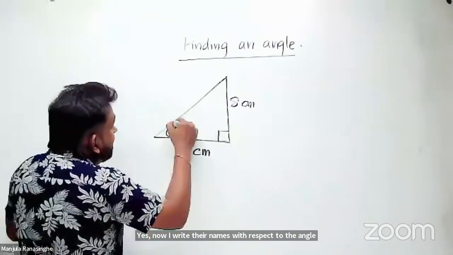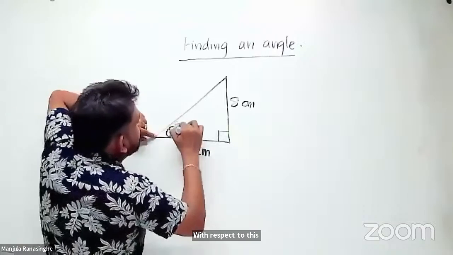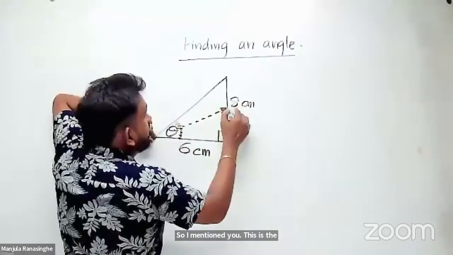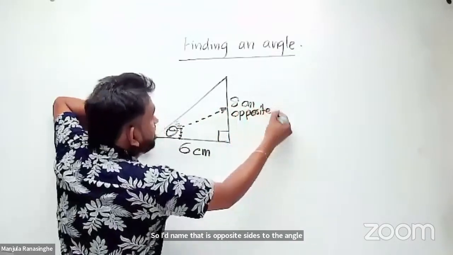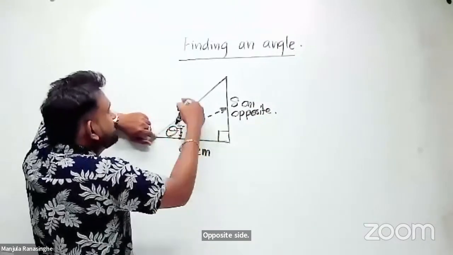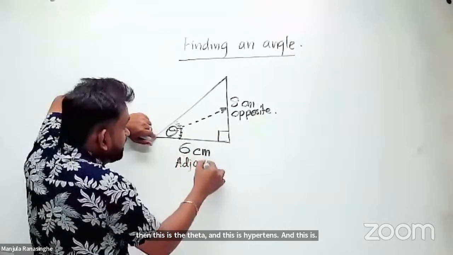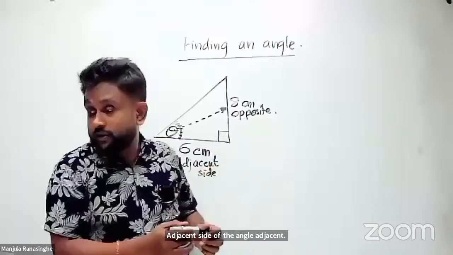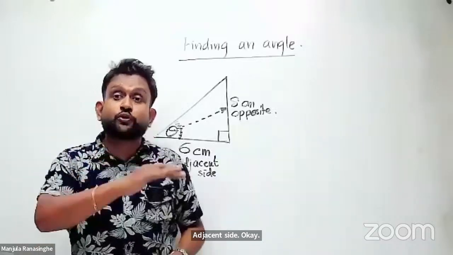With respect to this angle, this is the opposite side. Then this is the theta, this is the hypotenuse, and this is the adjacent side of the angle.